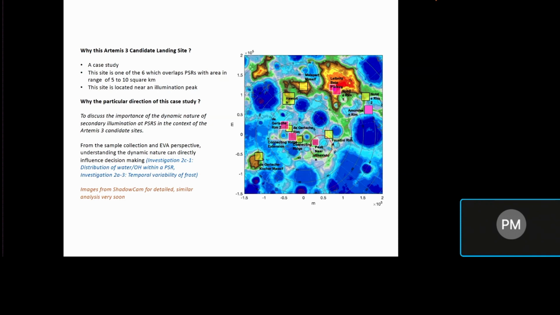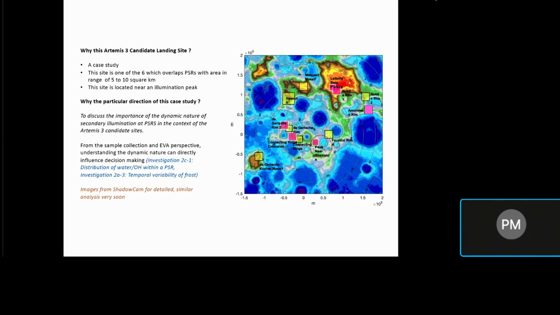Larger PSRs are more probable to host regions which can trap volatiles. This was one of the ideologies we went through, but as I said earlier, this is just a case study. We picked the 6 sites which had PSRs of this size range, and then picked one for this particular talk.